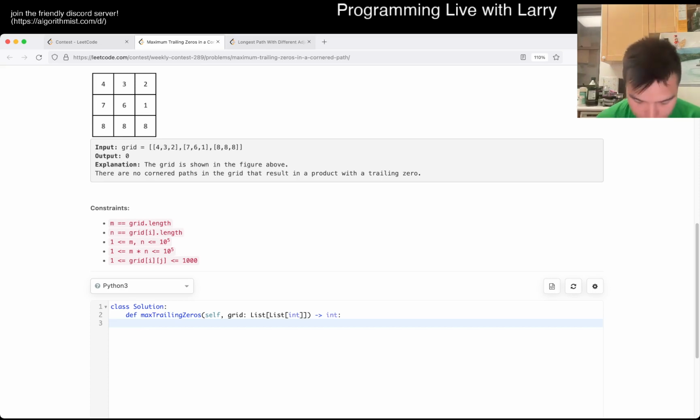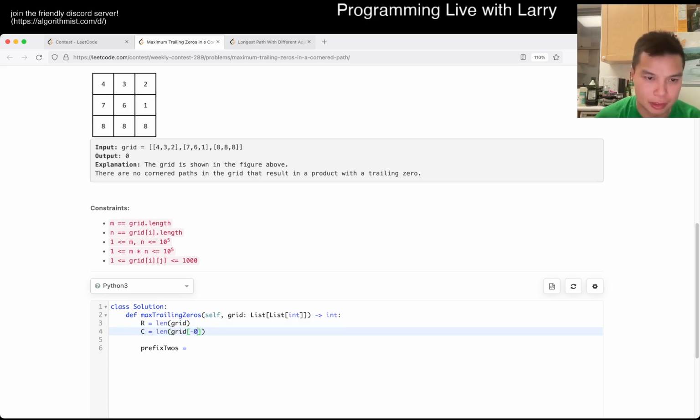Okay. Let's see. Yeah, prefix sum. Okay. I mean, this is actually not an easy problem, but it's doable, so it should be okay. But it's still kind of a tricky problem, if you ask me.